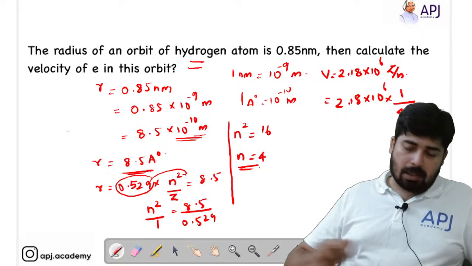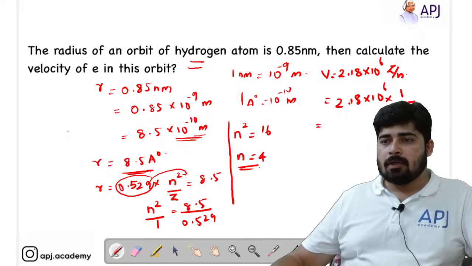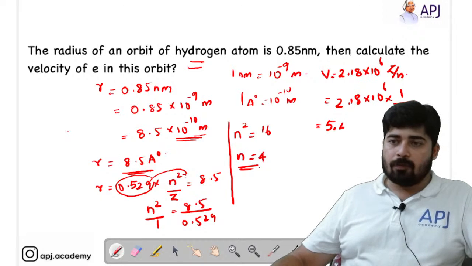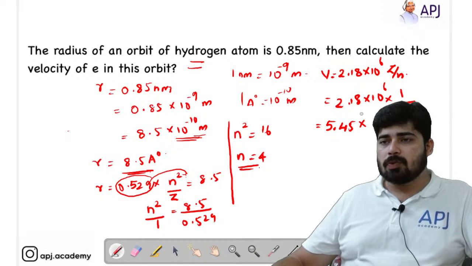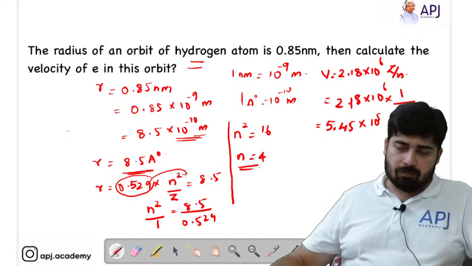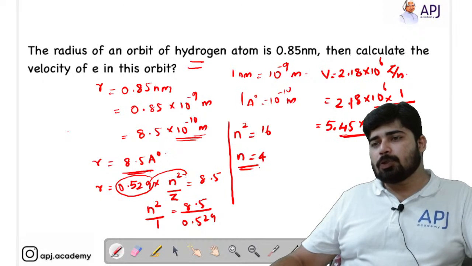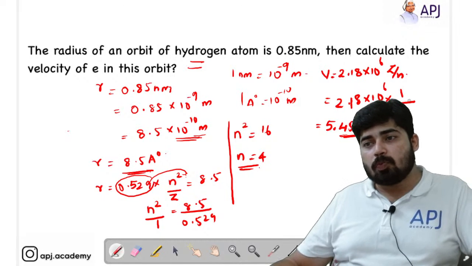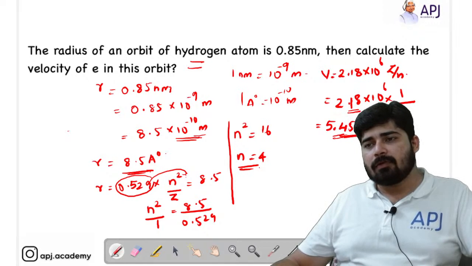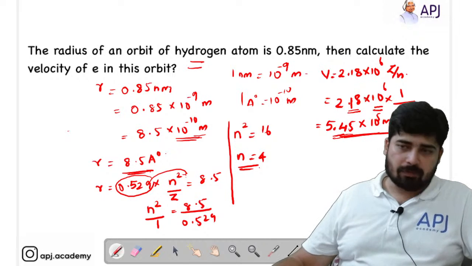So, here you get the value as 5.45 into 10 raised to 5 meter per second. Here it was 10 raised to 6, so I took 10 out and divided by 4. So, I will get 5 by 2, that is 2.5, and 2.5 and 2.18 will give you 5.45. So, the final answer will be 5.45 into 10 raised to 5.